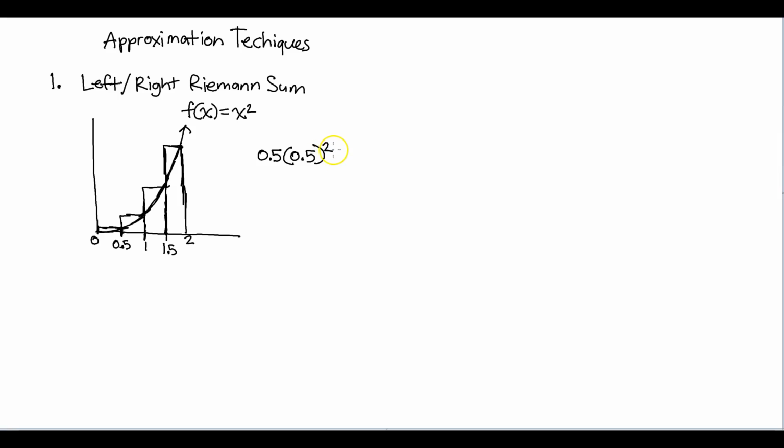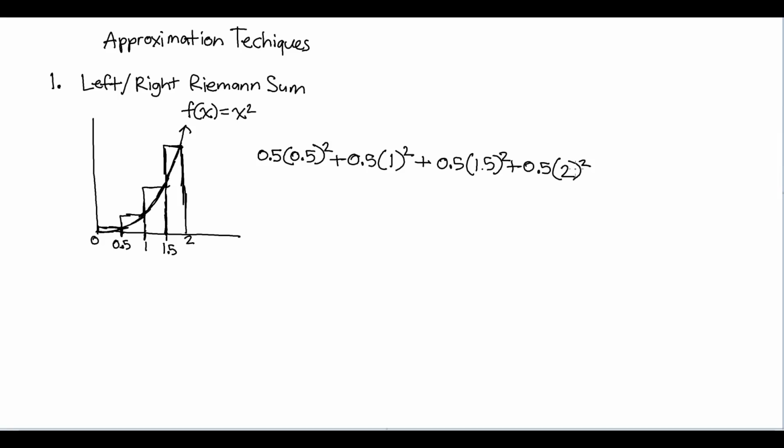The area of our second rectangle is 0.5 times 1 squared, or just 0.5. The area of our third rectangle is 0.5 times 1.5 squared. And the area of our fourth rectangle is 0.5 times 2 squared.